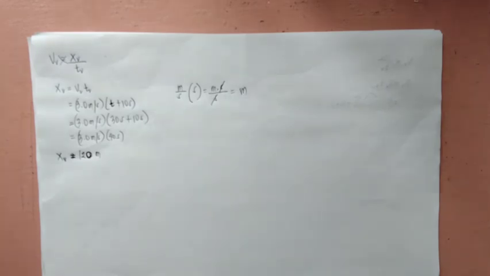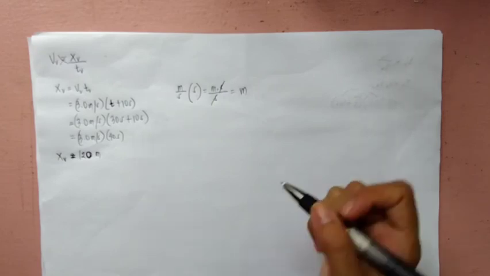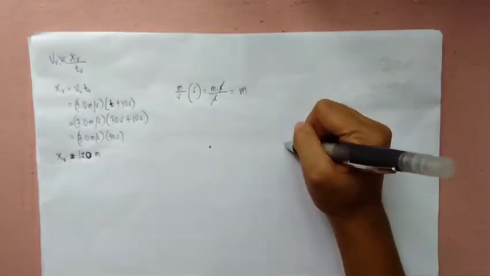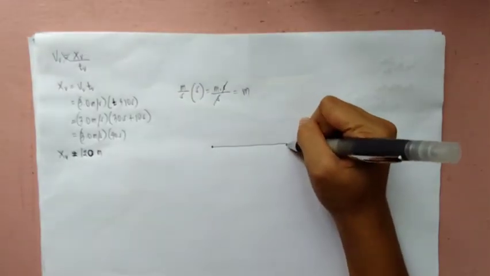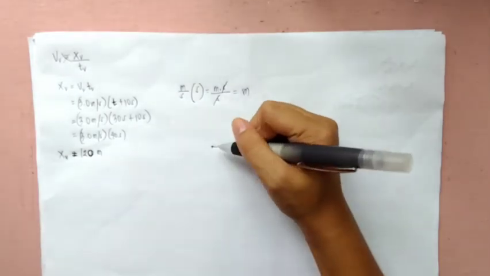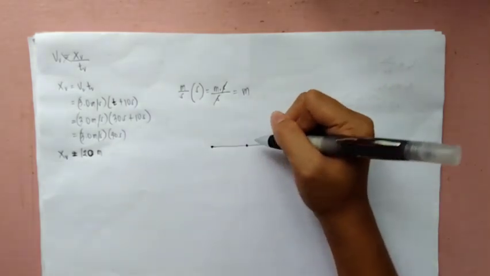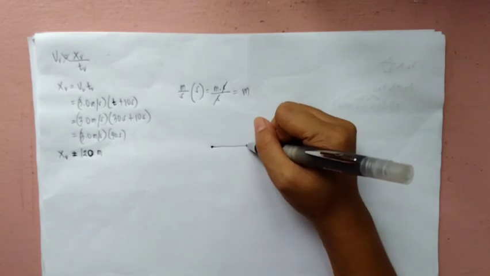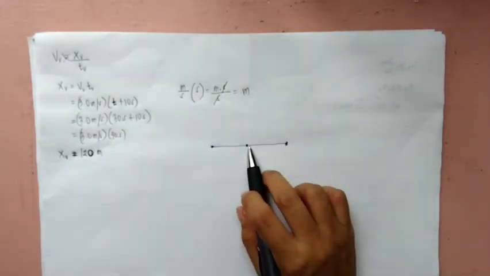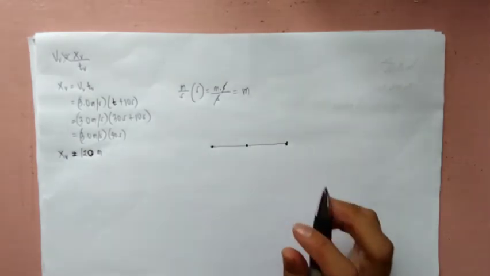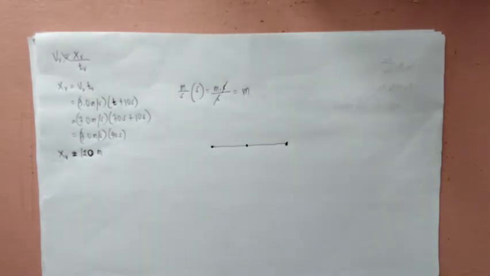But the question in letter B is Vanya's distance from school. That means, if this is their home, and this is the school, and Vanya was overtaken by Angelito at this distance, the remaining distance is the answer for letter B, or answers the question: how far is Vanya from school when overtaken by Angelito.